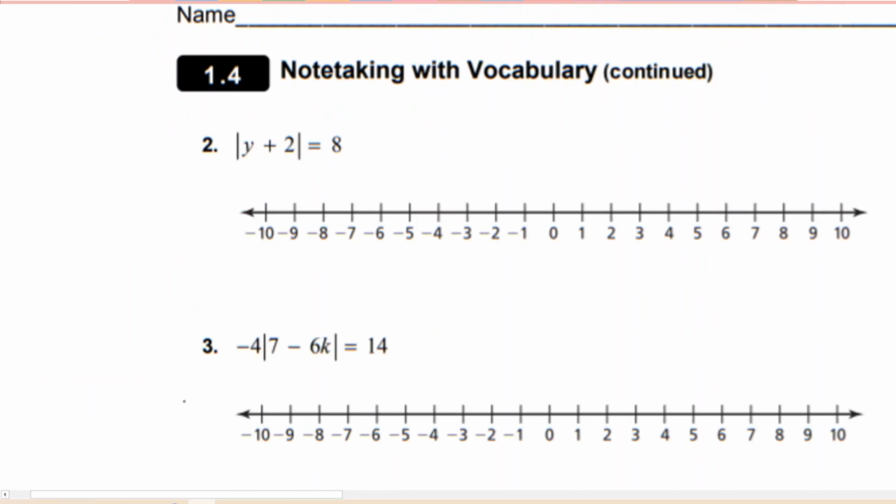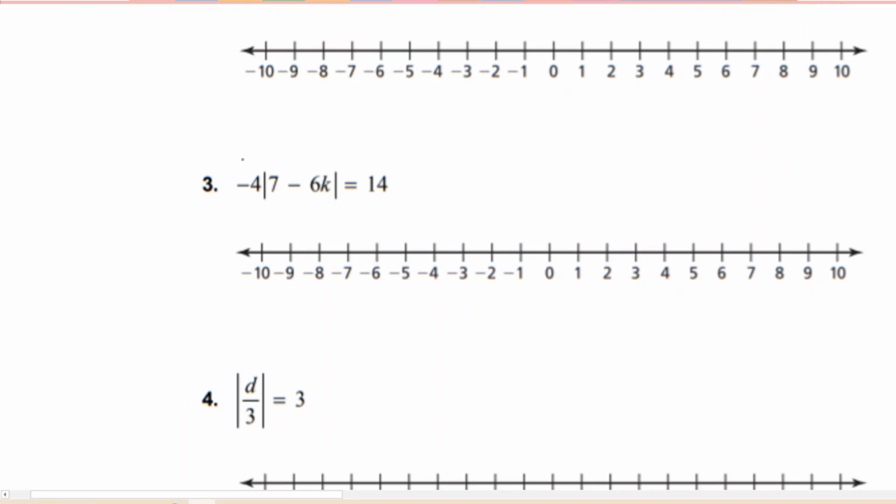Okay. Problem number 3, we've got, well, I'm kind of glad this happened. We've got negative 4 multiplied by an absolute value is equal to 14. Now, in order to solve these, we need to have the equation look like the absolute value of ax plus b is equal to c. And if I take a look at number 3, that's not exactly what we have here.